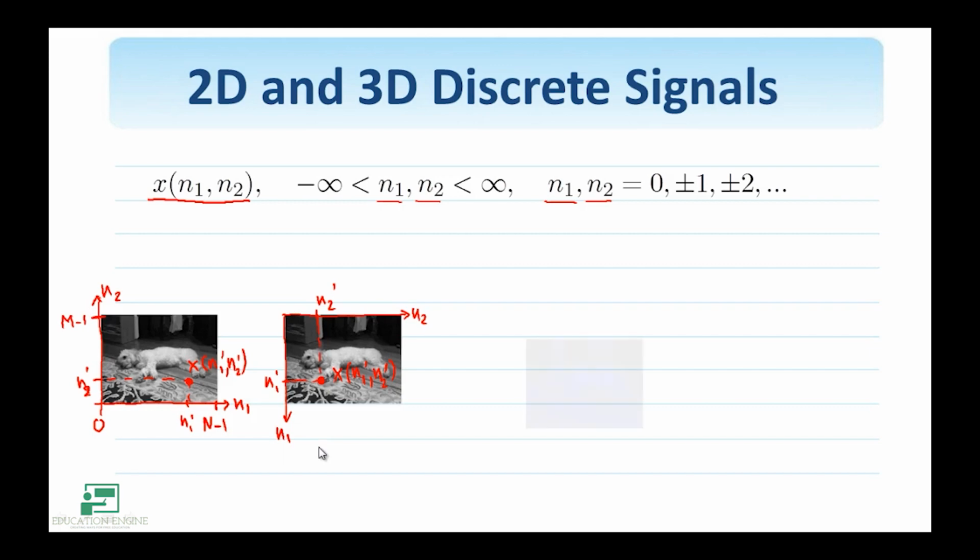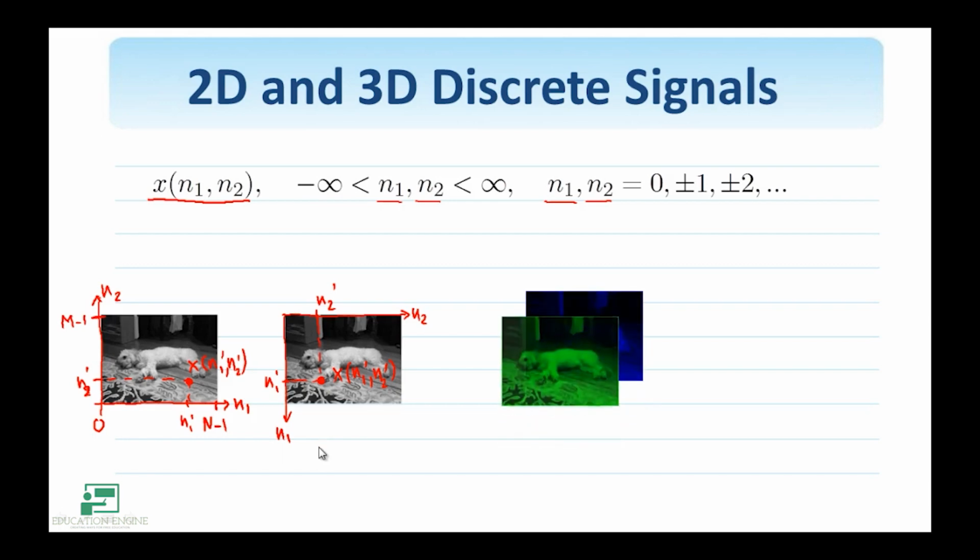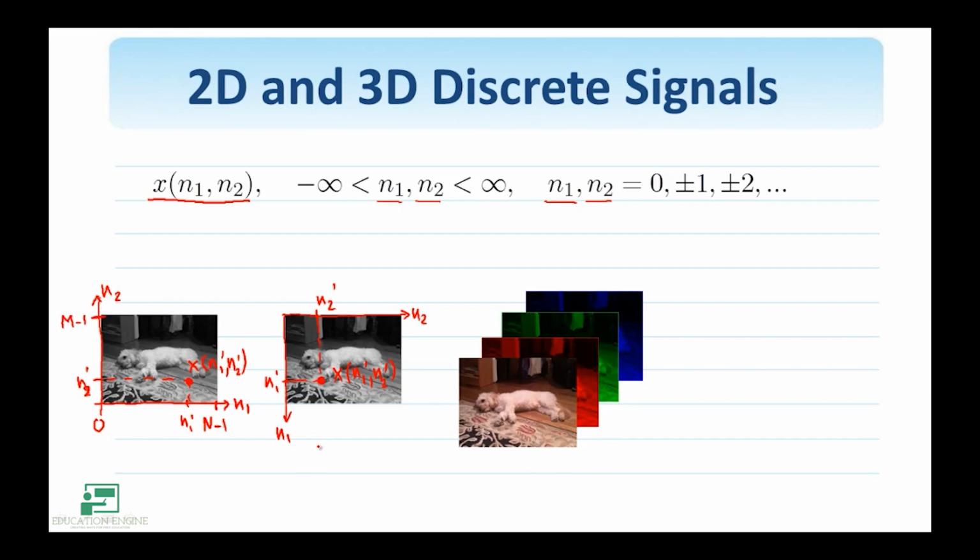When I deal with color images, then there are 3 channels involved: the blue, the green, the red channel. If these channels are added up, I end up with a color image. So if this is the n1 axis and this is the n2 axis, again, the n1 prime and n2 prime location of the pixel will be the same. The pixel is at the same location, x(n1 prime, n2 prime).